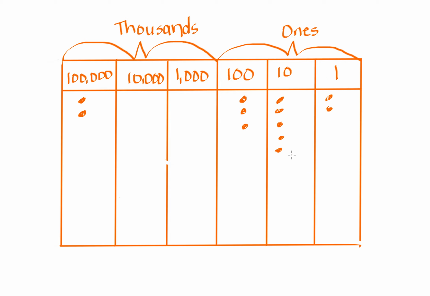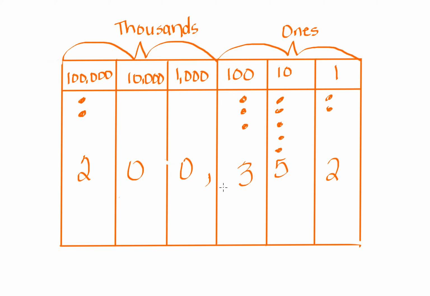Okay, so find the number that is 100,000 more than this one. So first of all, let's write what we have. We have 2, 0, 0. We're at the end of the thousands, so we put a comma. Then we have 3, 5, 2. So this is read as 200,352.